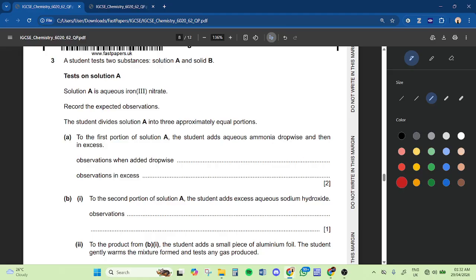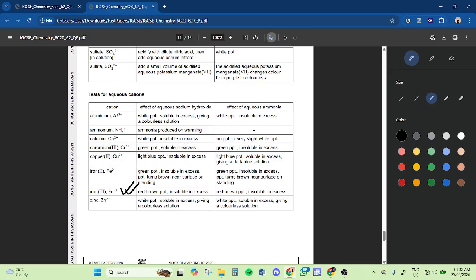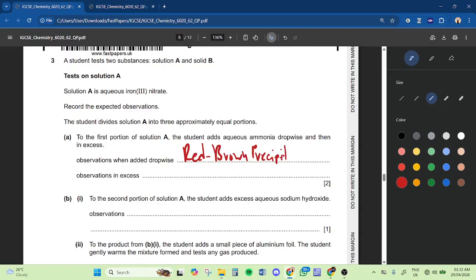What you're going to write over here is red-brown precipitate formed. And for observations, you're going to write no change because it doesn't dissolve, right? So because it doesn't dissolve, there's no change observed.